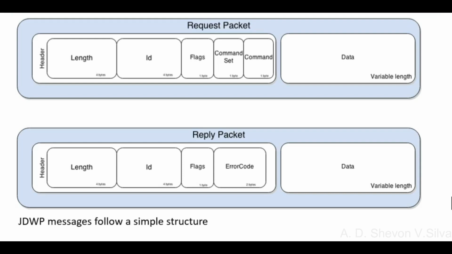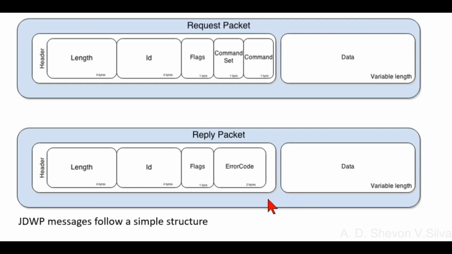Command and reply packet headers are equal in size. This is to make transport easier to implement and abstract.